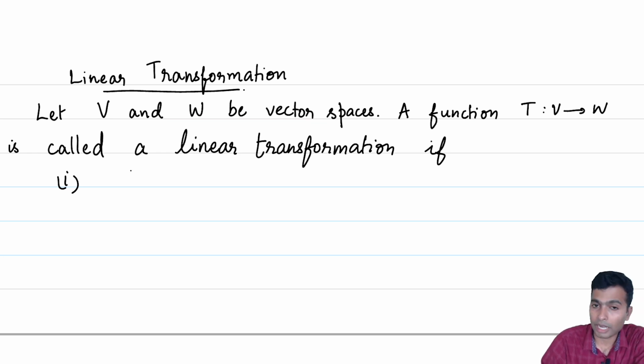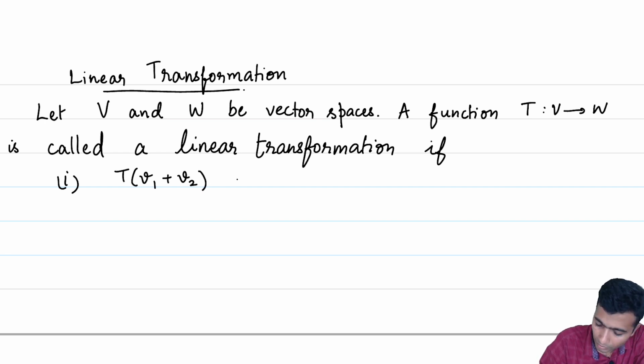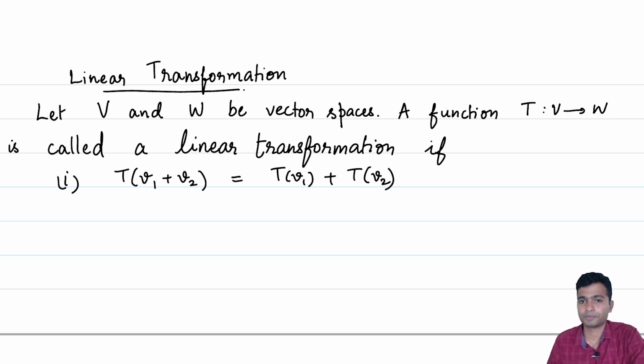So it is a function, and in particular it satisfies the following. 1. The addition in V is preserved. In other words, if we take two vectors, look at the sum and look at its image, it will be the sum of the images. So let me write it down, it will become clearer. T of V1 plus V2 is equal to T of V1 plus T of V2.